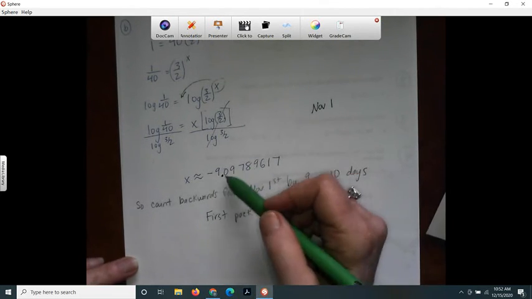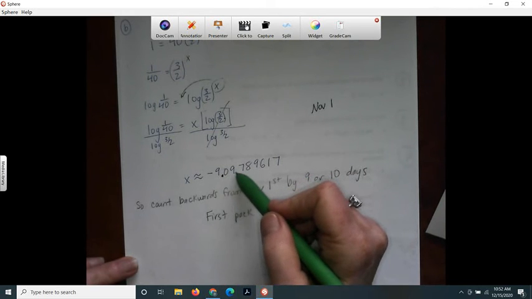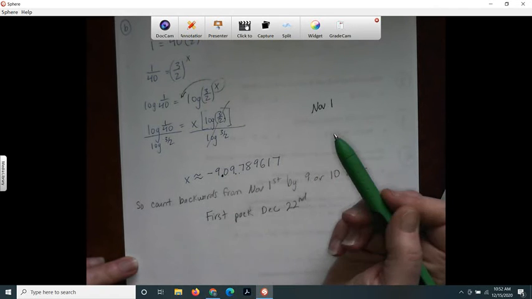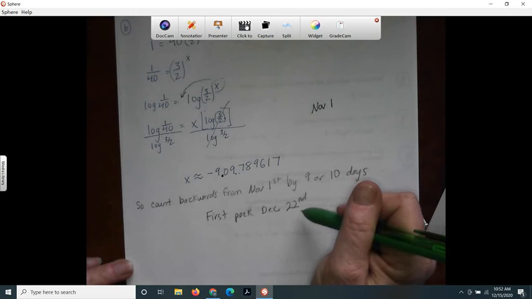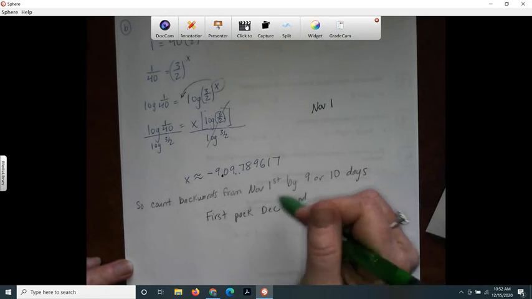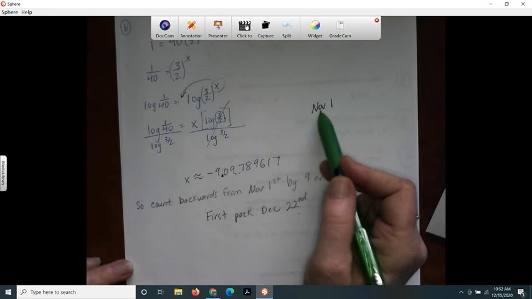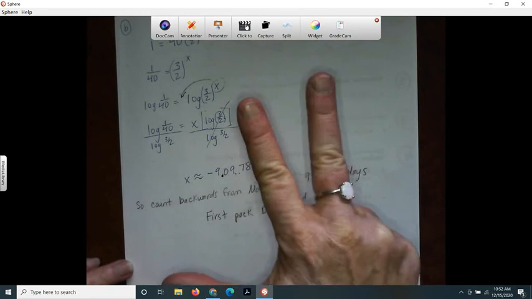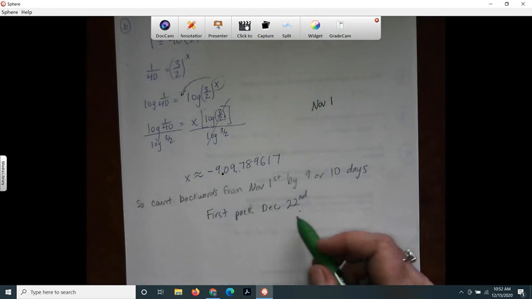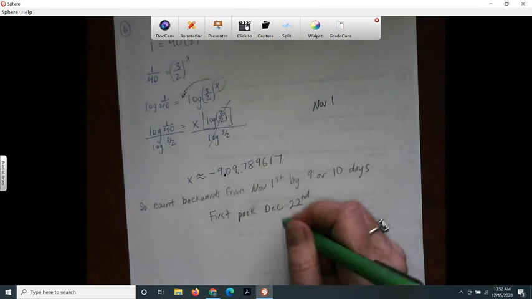But really it's a little bit more than 9 days that I have to count backwards, so his first pockmark was very late in the day on December 22nd. If you count backwards from November 1st: December 31st, 30th, 29, 28, 27, 26, 25, 24, 23, 22. So this is the answer to letter B.